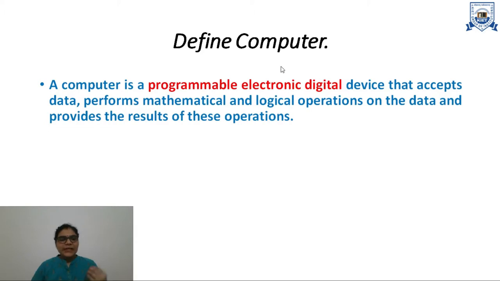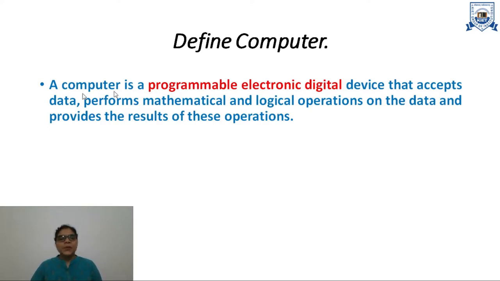Electronic means it is made of electronic components. Digital means it processes digital data. Digital data means binary data, that is, 0 or 1 form of data, where each piece of information is represented with the help of 0s and 1s.